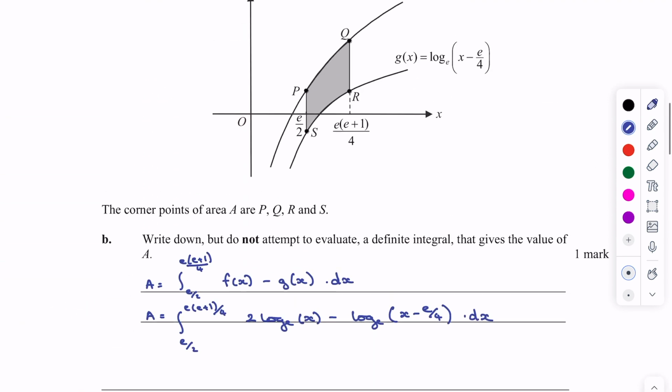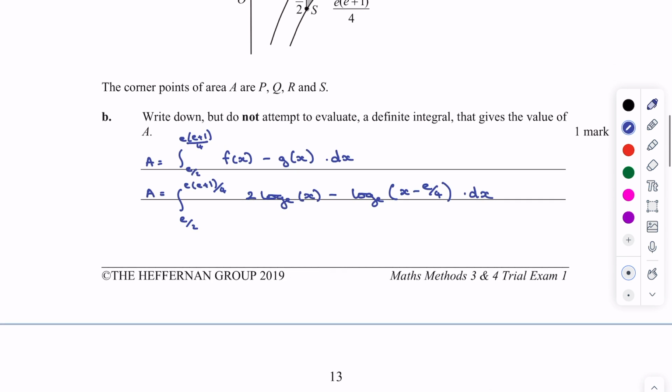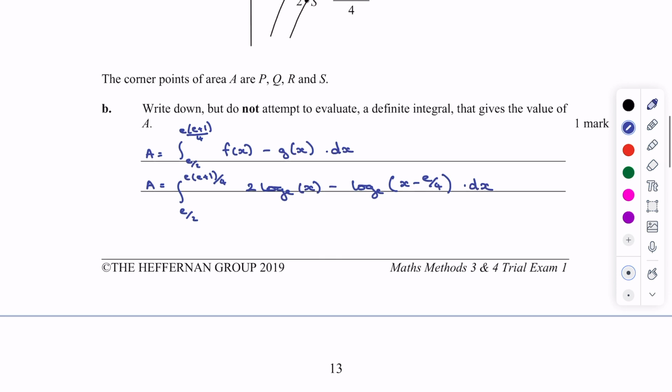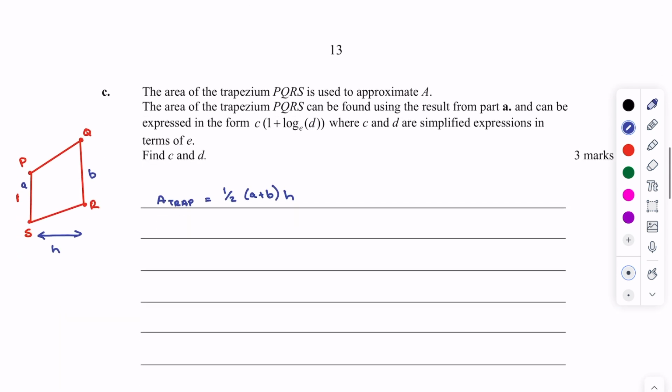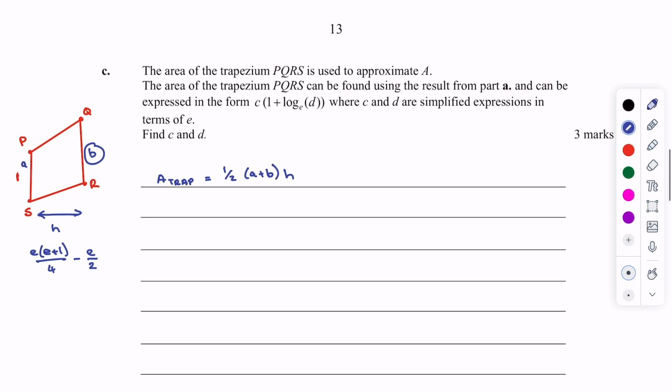So if I look here, my height is going to be the difference between those two terms. So that height is going to be minus e on 2.